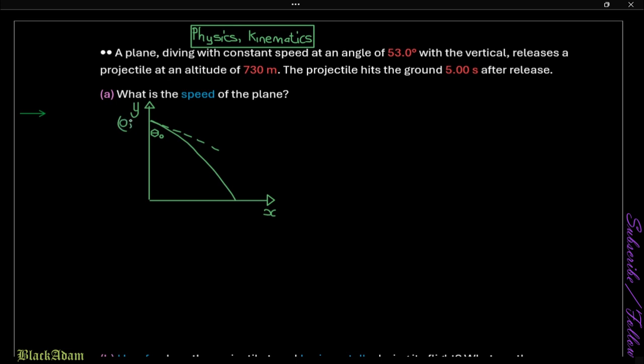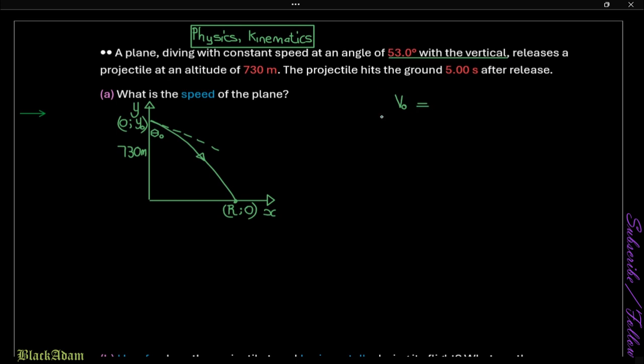We have the point of release, where x is 0 and y is the initial height, and then we have a range and the 0 height. Then we have the data that we have to analyze.